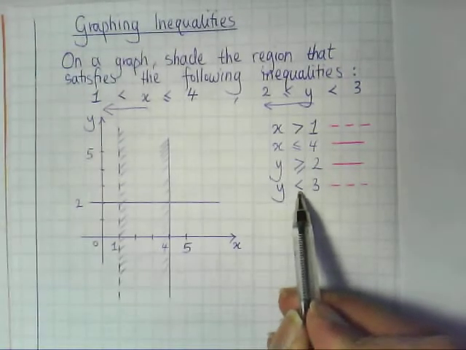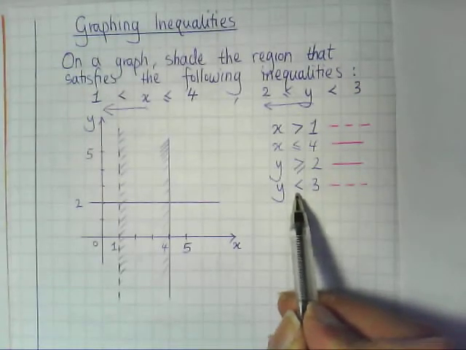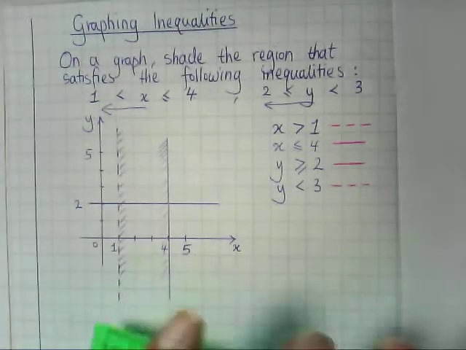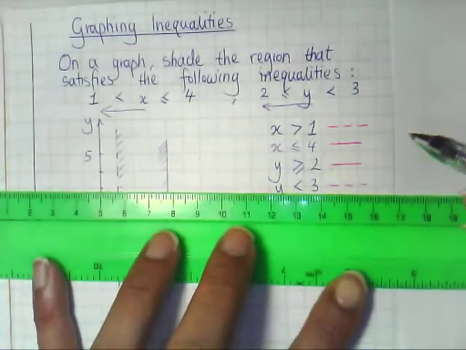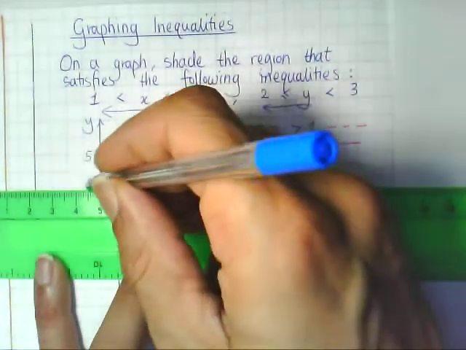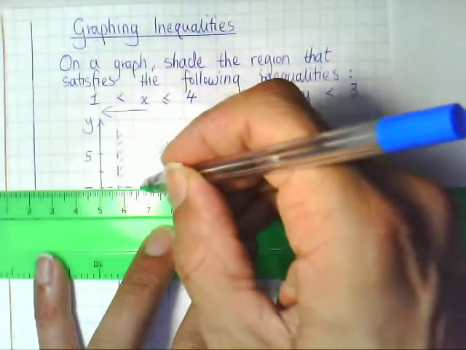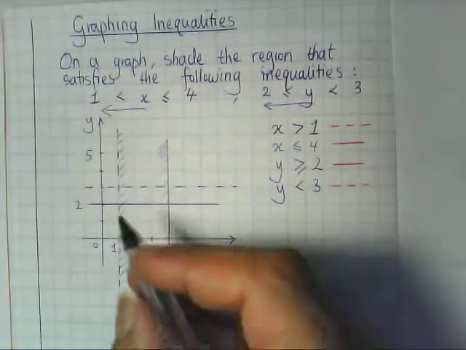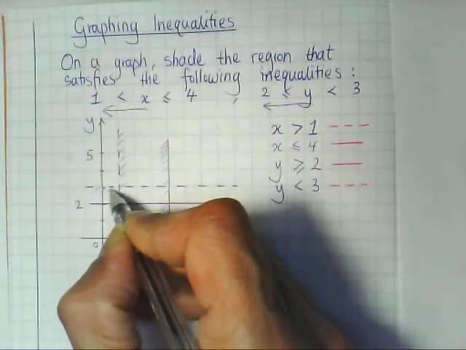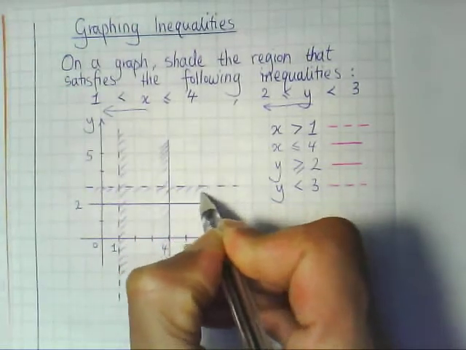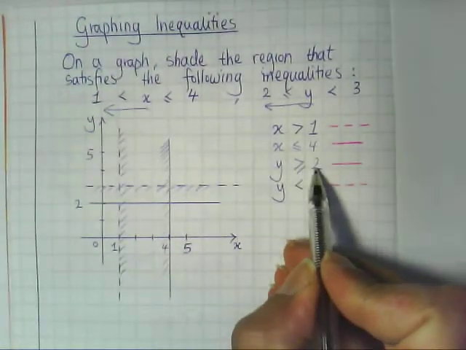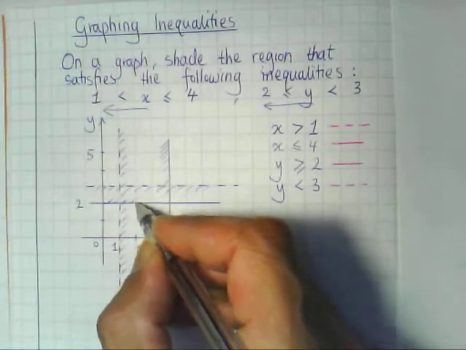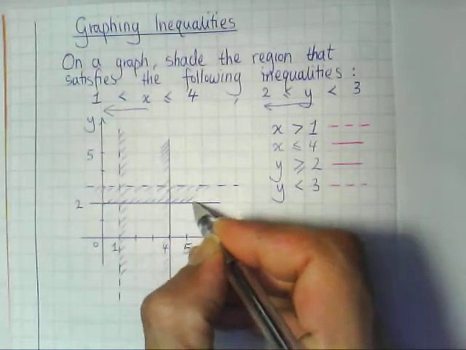And y is less than 3 but not equal to 3, so we're going to use the dash line. And it's less than. And y there was greater than or equal to 2, so we shade above the line.